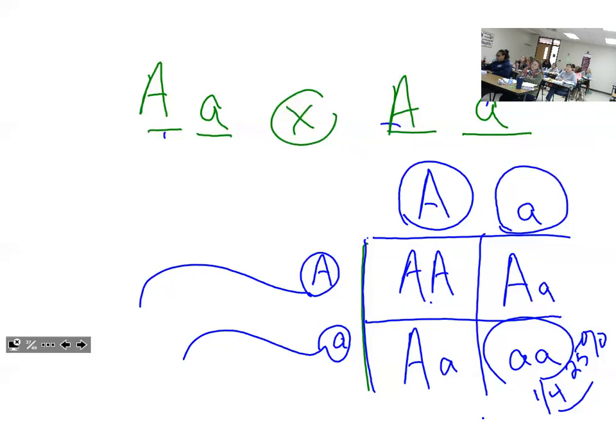What did you use to predict probability of genotypes for offspring? And all this really takes is just knowing the language. And if you know the language, you can just carefully put your parents, do your Punnett square, and answer the questions, right?